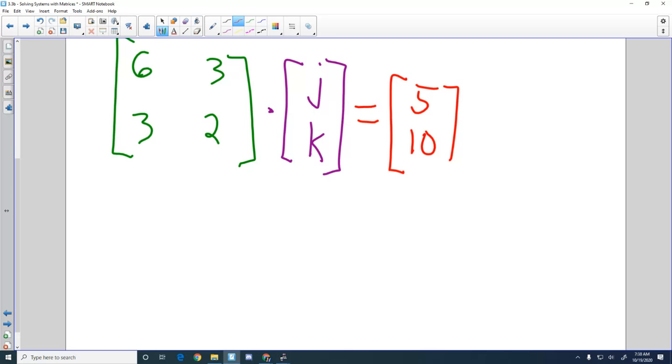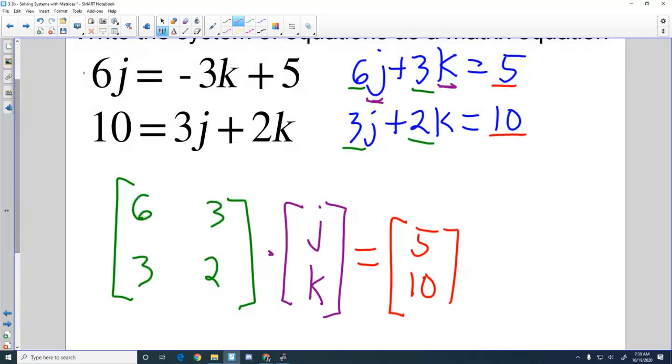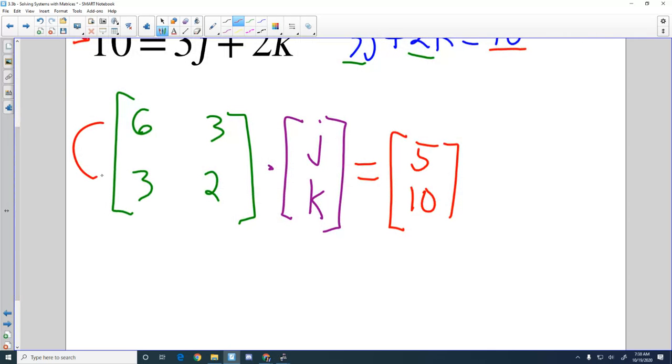I had everything flipped besides the variables. Does that matter? One more time? I had everything flipped, like the 6 and 3 were on the bottom, and then the 10 and 5 were flipped. Oh, that's totally fine. Yeah, so if you had the top one, like basically if these equations were flip-flopped, then these rows would also be flip-flopped, and that is 100% okay.